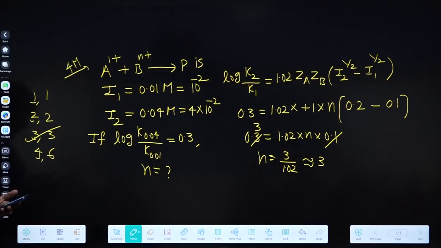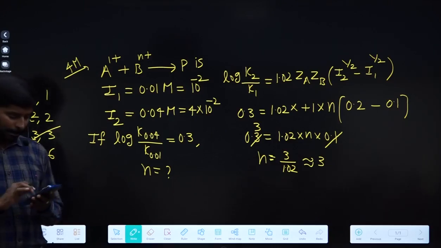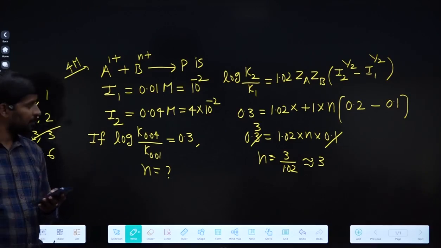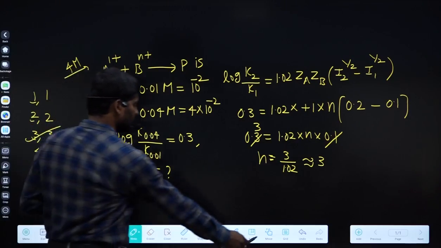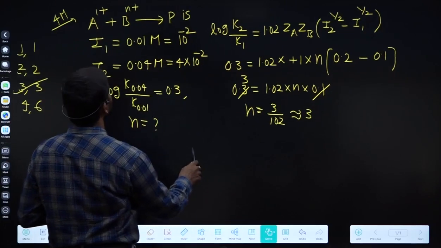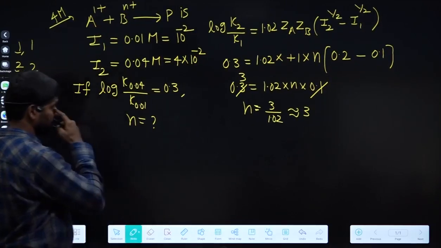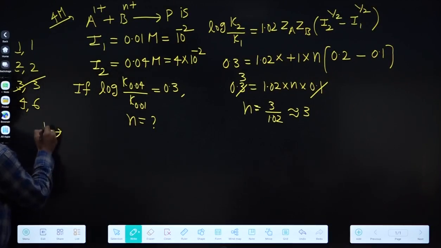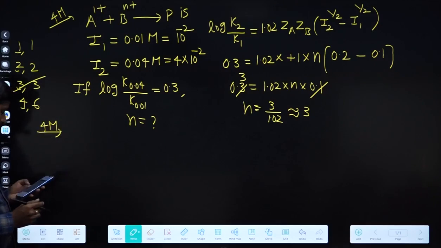Okay, now we see some questions based on ionic strength. This is given in CSIR for 4 marks.